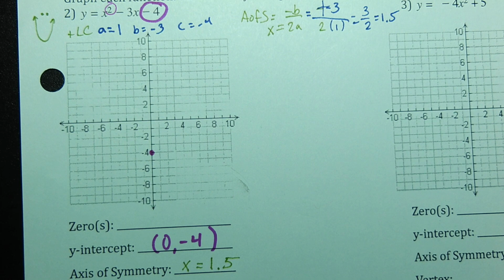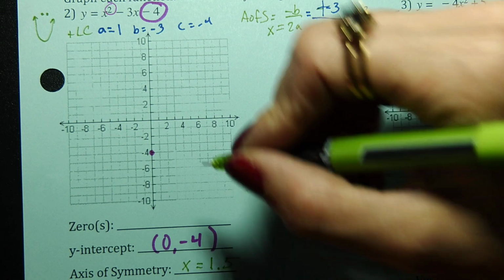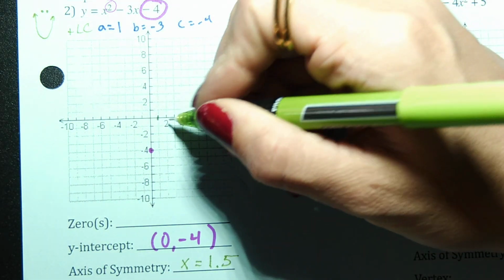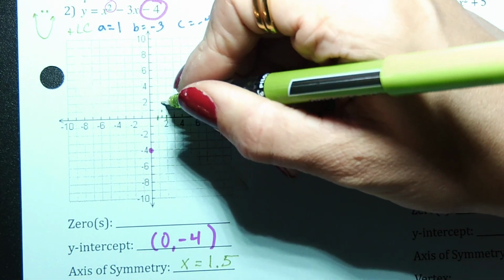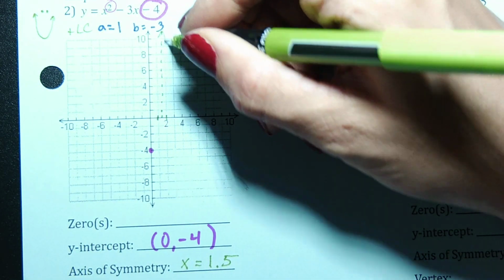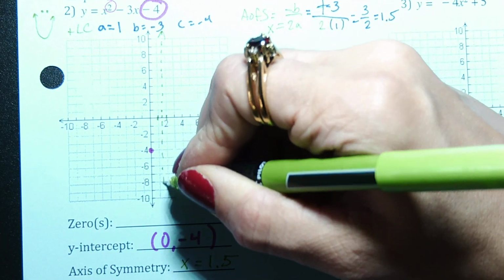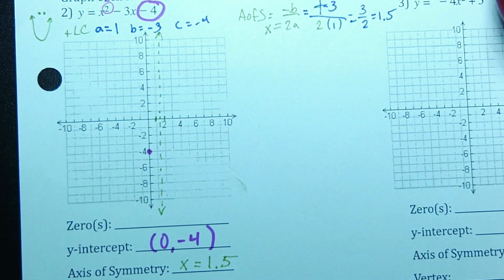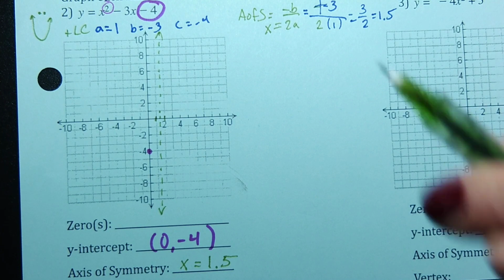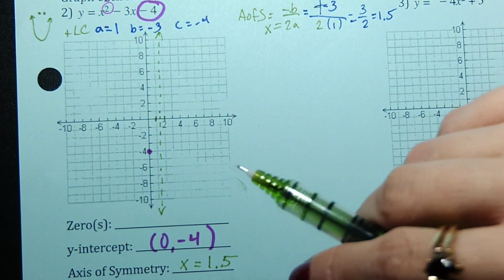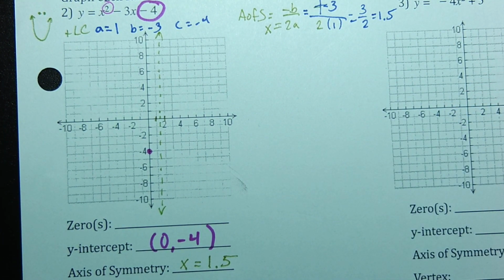So that's where we're going to draw in our dashed line that will cut our graph in half. So here's 1, here's 2, so 1.5 is about here. Now, what do we know about the vertex now that we know our axis of symmetry line? 1.5 is the x, perfect.